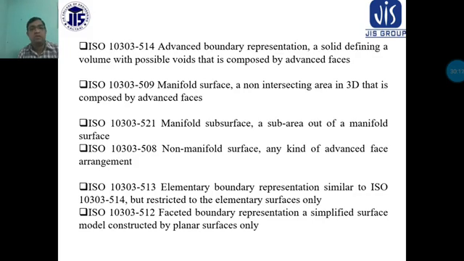ISO 10303-508 non-manifold surface is any kind of advanced face arrangement. ISO 10303-513 elementary boundary representation is similar to ISO 10303-514 but restricted to elementary surfaces only. ISO 10303-512 faceted boundary representation is a simplified surface model constructed by planar surfaces only.